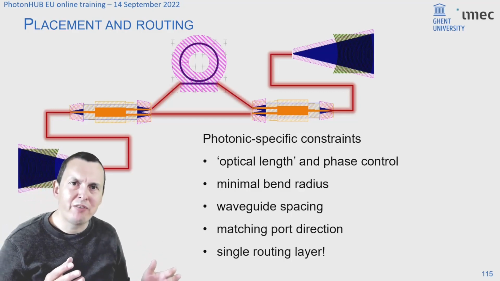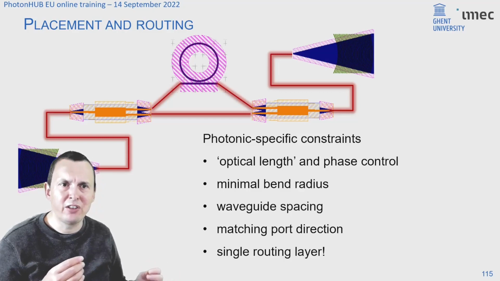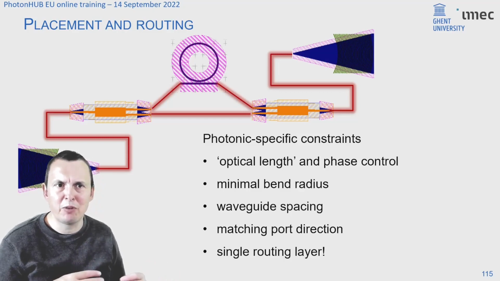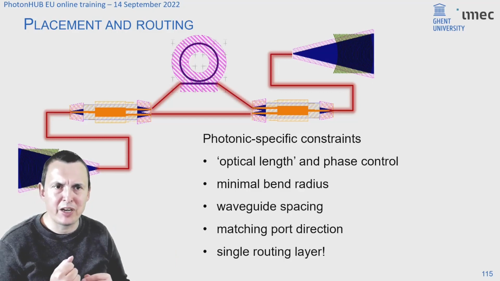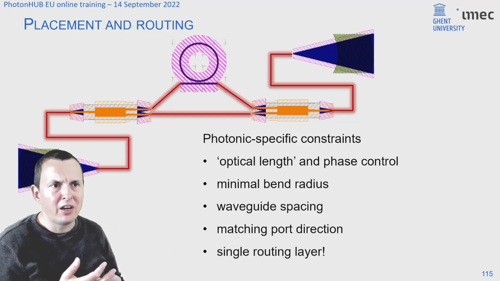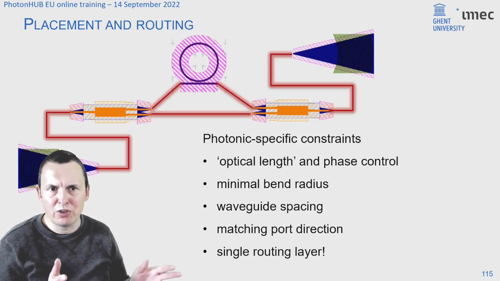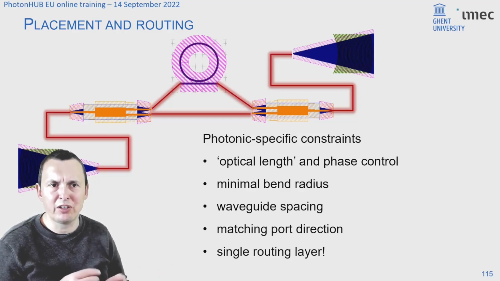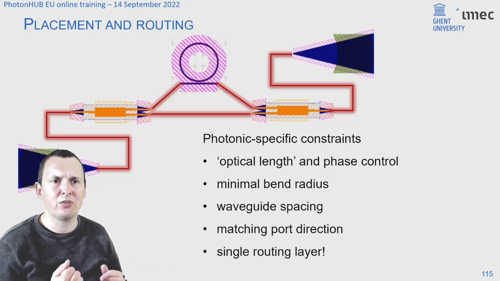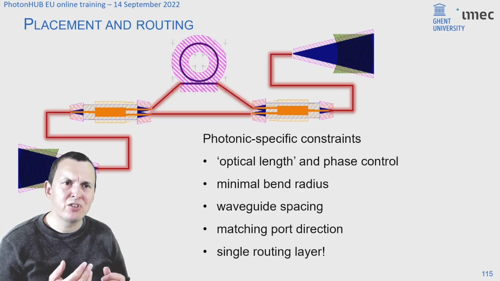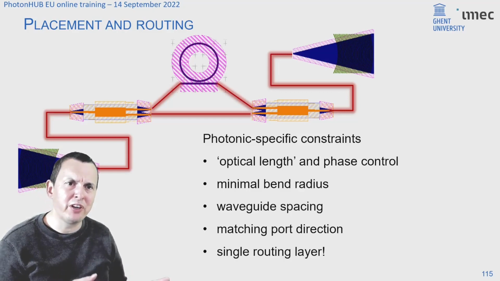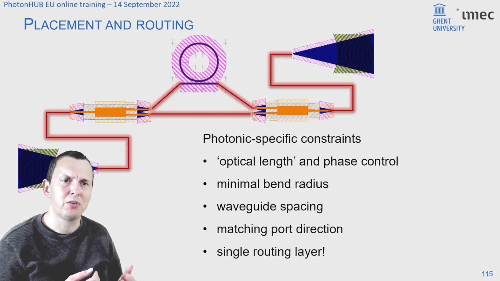When you're routing waveguides, you typically have to take into account that a waveguide has a certain minimal bend radius. So you have to make sure to have sufficient space to round the waveguide. You also have to make sure that waveguides do not come too close together, so that you don't get crosstalk, that you don't get a directional coupler essentially. And maybe the biggest constraint is that most photonic platforms only have a single layer of waveguides at your disposal.